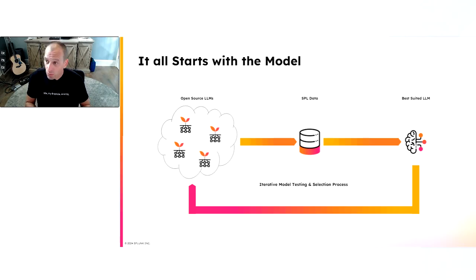So what we did was some iterative testing across a bunch of different open source models. And we tried to understand which LLM is going to give us the best results consistently. And the way that we did that was we identified a testing data set.